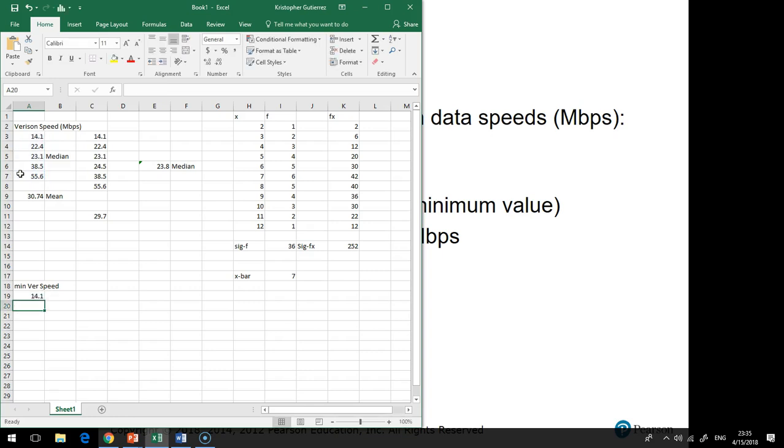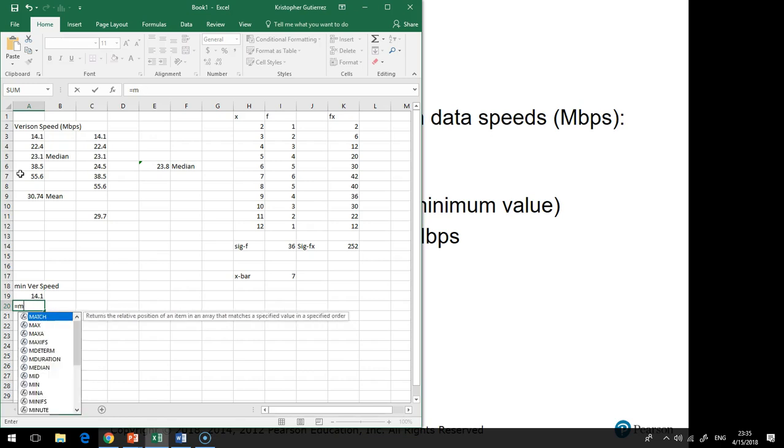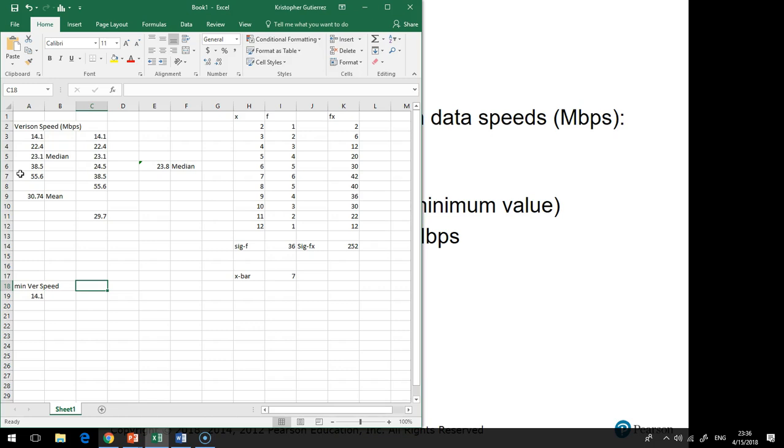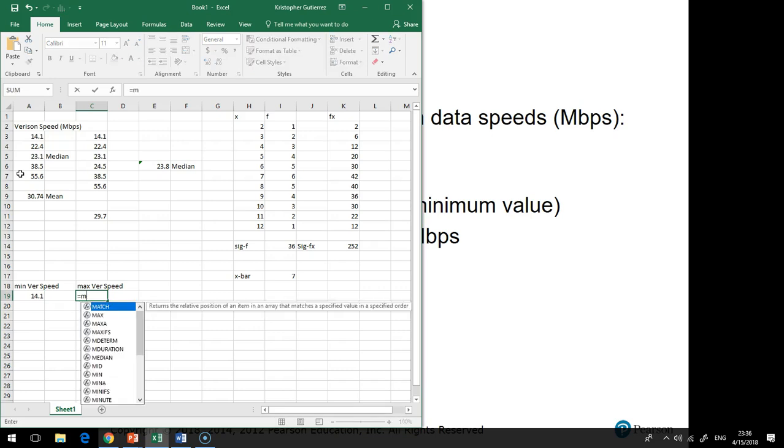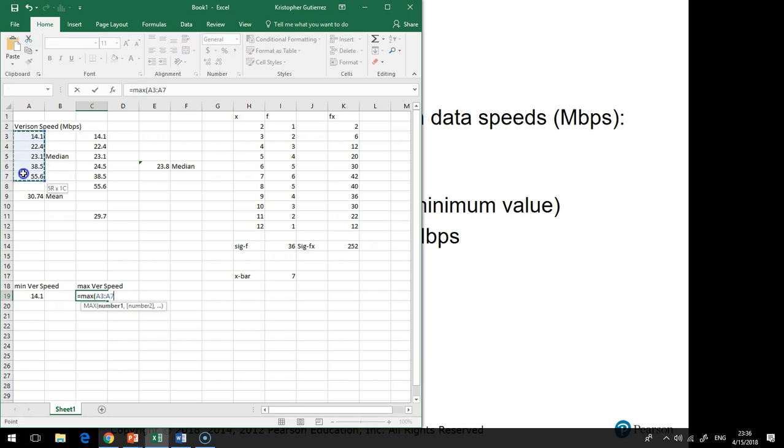So minimum is 14.1, which we already know. Maximum equals MAX. Let me put a title here. Maximum Verizon speed is equal to MAX of, again, all this data, close parentheses, that will give us our maximum right there.